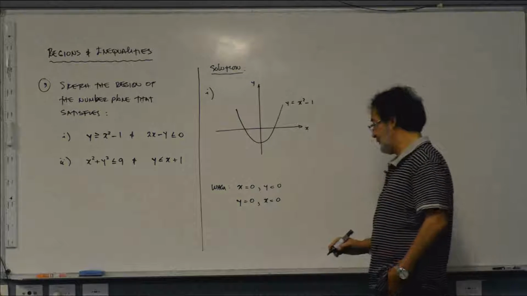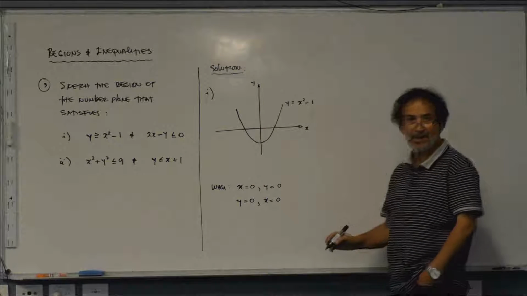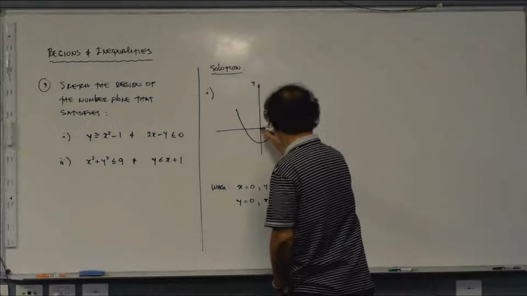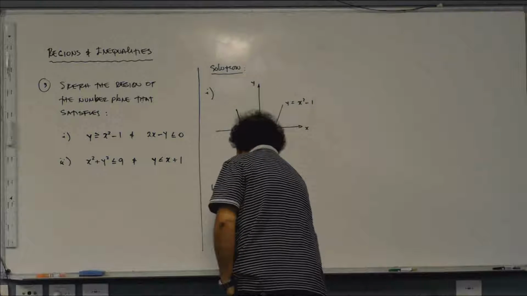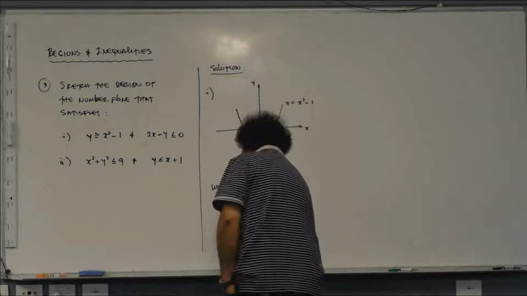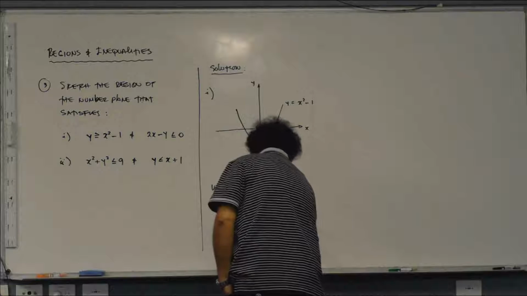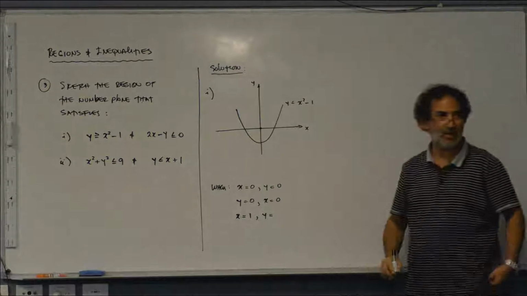That doesn't help much, because we need another point. So we're going to say when x is equal to 1, for example, what's the answer for y?